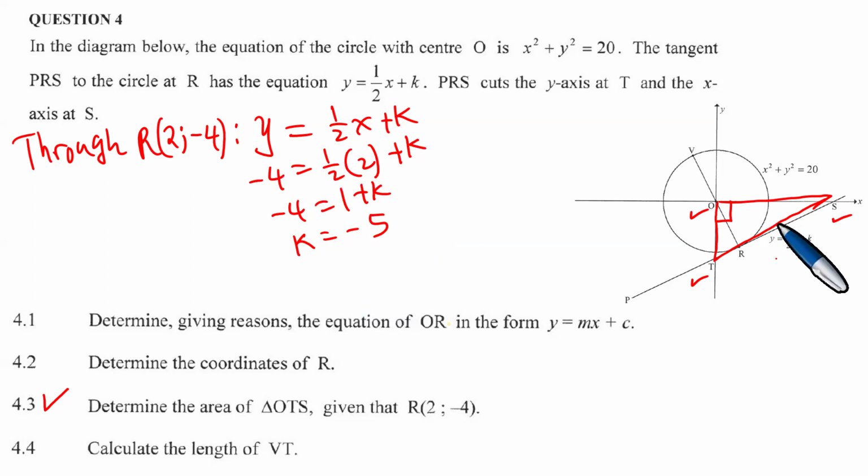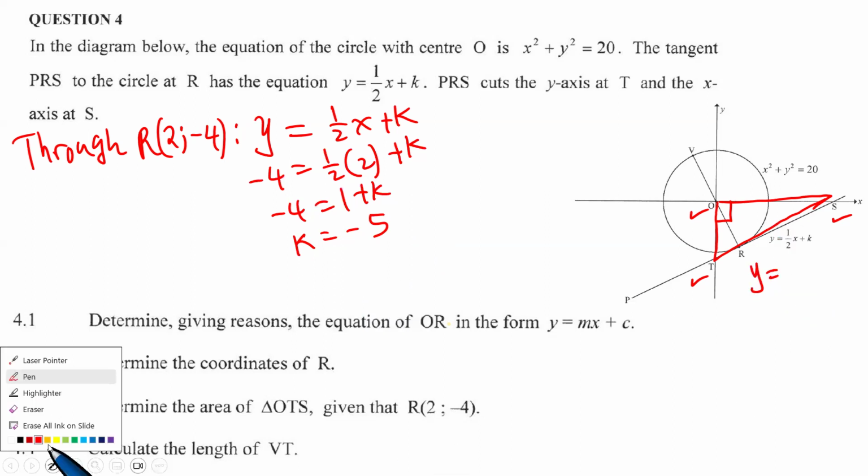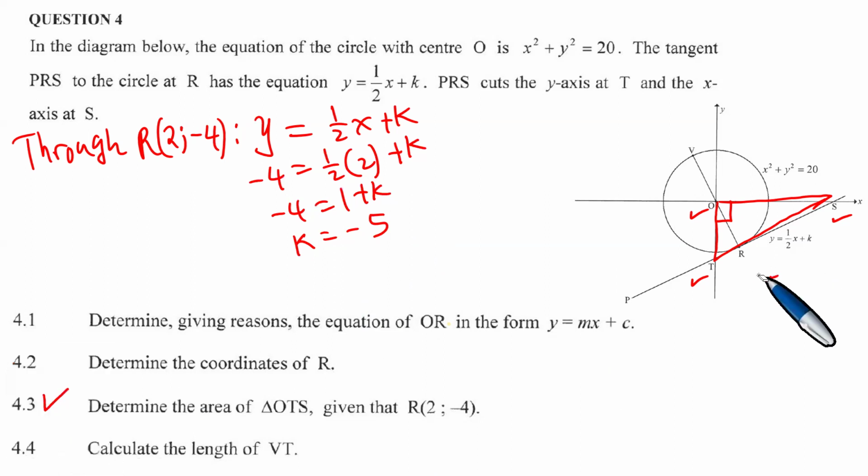And then now this equation of the line was given as y equals 1/2 x plus k. But we've already got the numerical value of k, and we got k to be exactly that one.